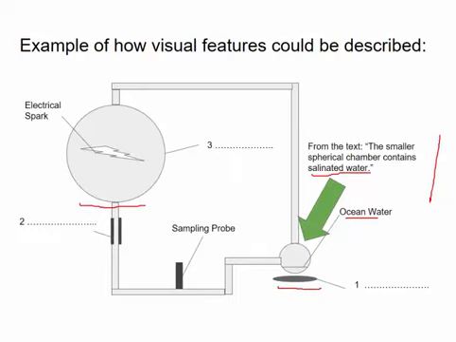Okay, so an example of a paraphrase there, giving you a clue and letting you know where this smaller spherical chamber is and giving you some information about that, right? Okay, so if you know the word salinated and you know the words ocean water, then you can get that information easily, and you might have an easier time finding the smaller spherical chamber on the visual.